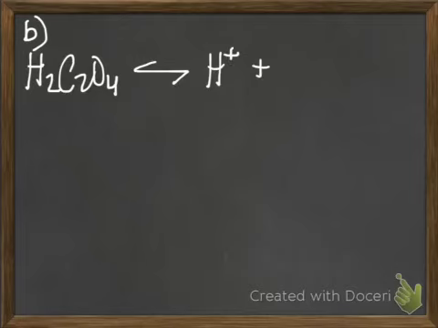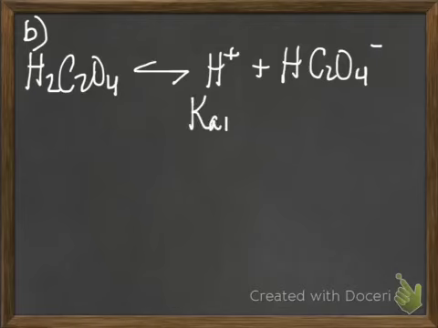So we have H2C2O4. We show the first hydrogen coming off, and the leftovers are HC2O4. Whenever a hydrogen comes off, the charge goes down by 1, so it becomes negative. This would be called Ka1, whatever the K value is, we don't know it.